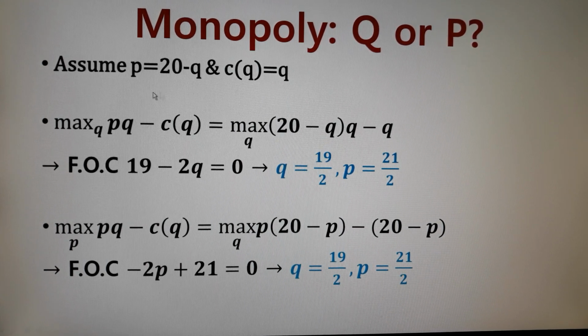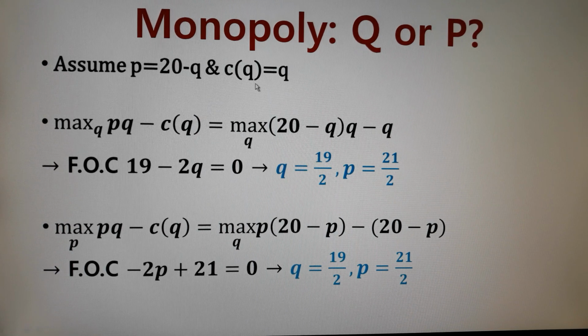If you are a monopoly facing the demand curve, price equals 20 minus quantity. So if you produce 10 products, the price is going to be 10. It's a decreasing curve, so it fits the general idea that when the price goes up, the quantity decreases.